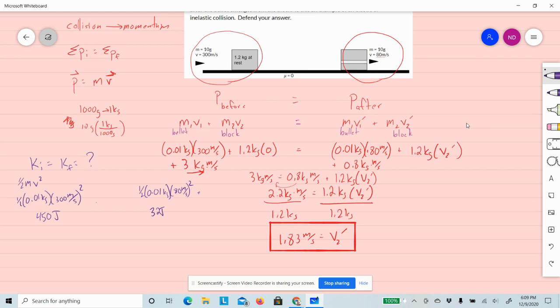And then the block is 1/2 times the mass of the block, 1.2 kilograms, times the speed of the block, 1.83 meters per second, squared. 1.83 squared is 3.3 something, multiplied by 1.2, times 1/2, is about 2 joules.